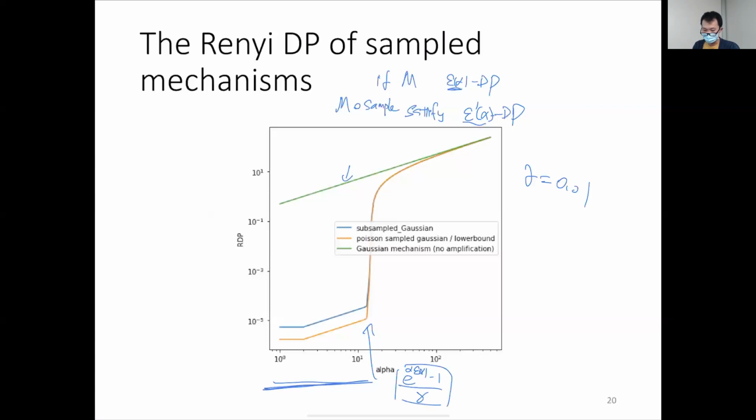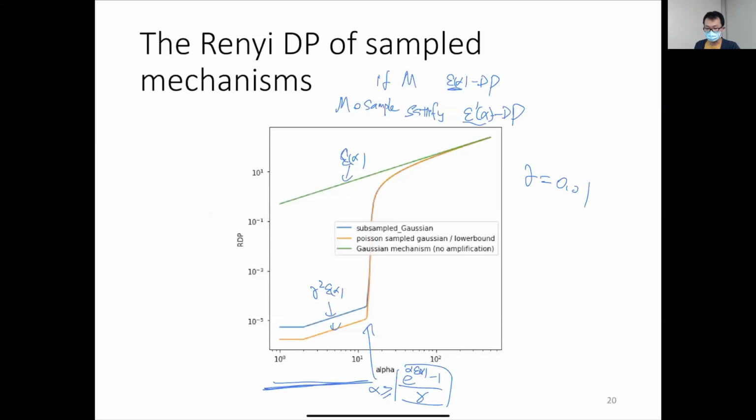When alpha is larger than this, you do not get any benefits from amplification by sampling. But when alpha is small, the Renyi differential privacy actually satisfies about the same amplification factor, where you can see that these are more or less gamma square times epsilon alpha, and this is our epsilon alpha.